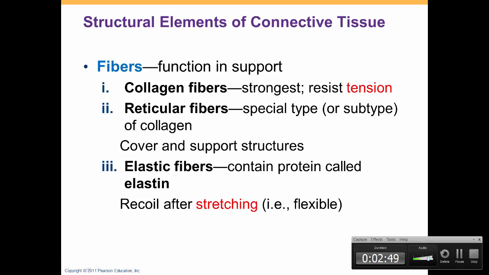The last type is elastic fibers, and as the name implies, they are responsible for recoil after stretching, so they're very, very flexible. I want you to know here that collagen fibers resist tension, and elastic fibers are the ones for stretching.